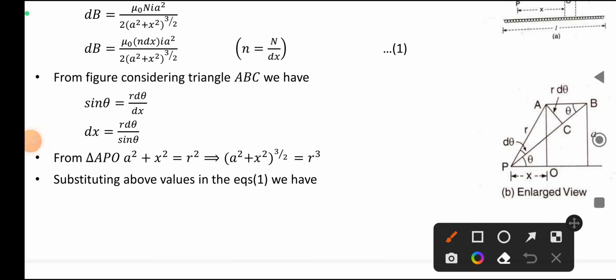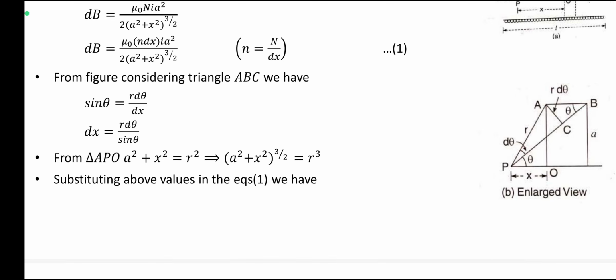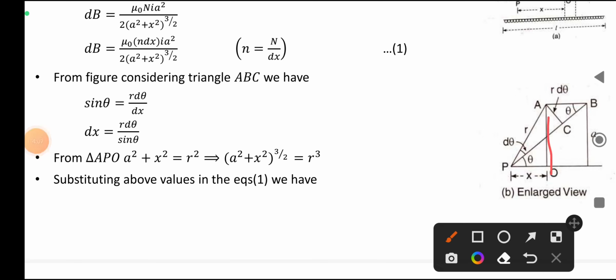from triangle APO, this triangle. So 90 degrees is present at where? At O only. See, it is exactly a vertical line, O. So that means it is the hypotenuse, right?